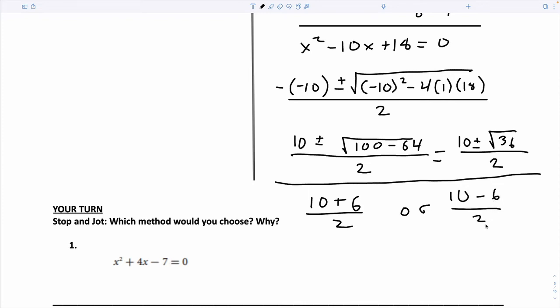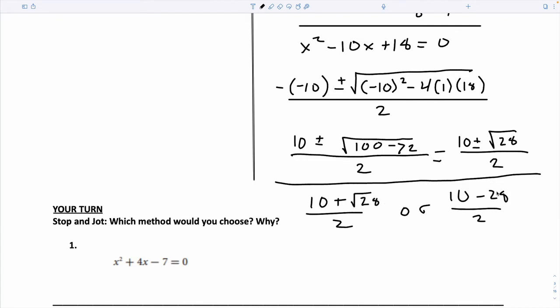Where am I at? What's 72? Is it 72? Okay. 4 times 18 is 72. Bummer. That's going to not be a perfect square. That's 100 minus 72. 28? Darn. Okay. Root 28 is not a perfect square. You could simplify it, but we're not going to.